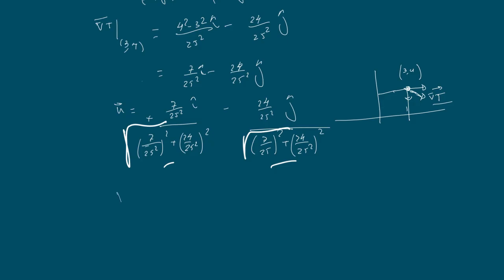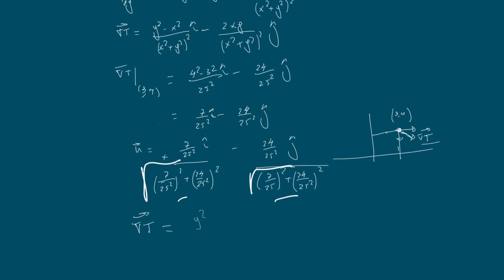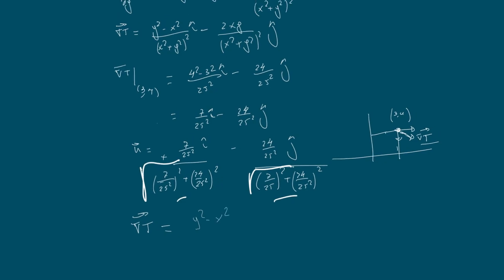The vector field is the gradient of T, and the gradient of T is this function. I'm copying from here: y squared minus x squared divided by (x squared plus y squared) squared i, minus 2 times xy divided by (x squared plus y squared) squared in the j direction.